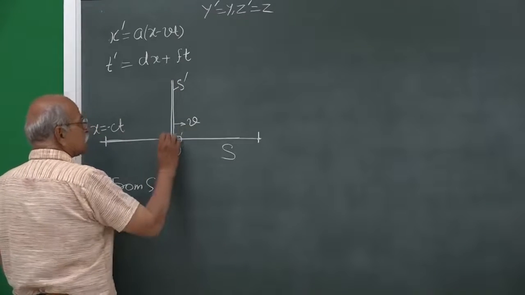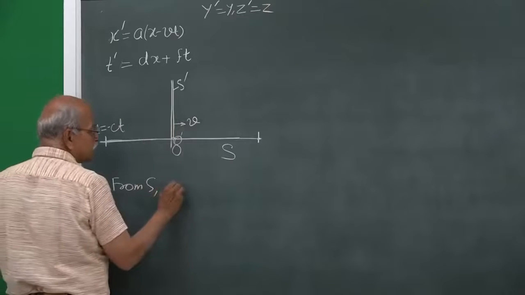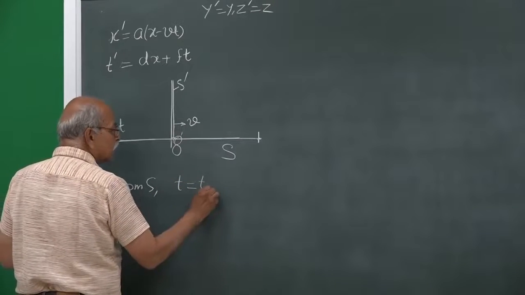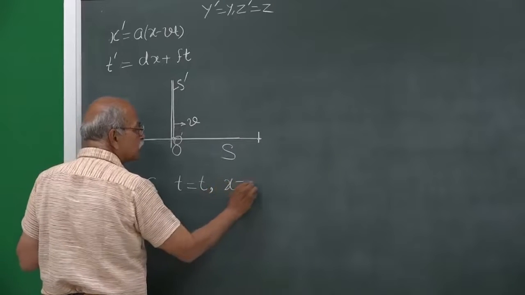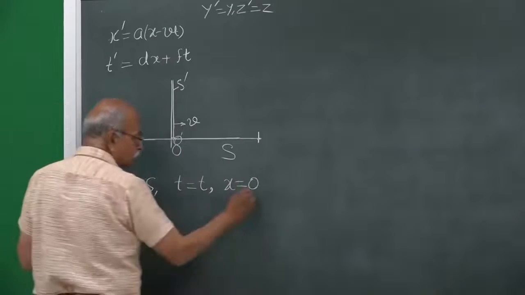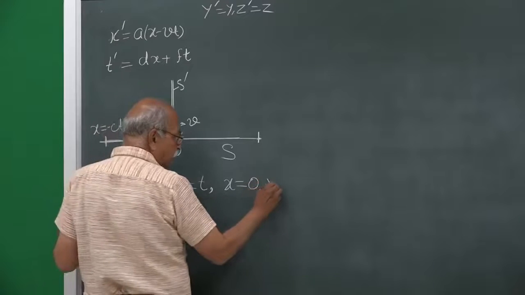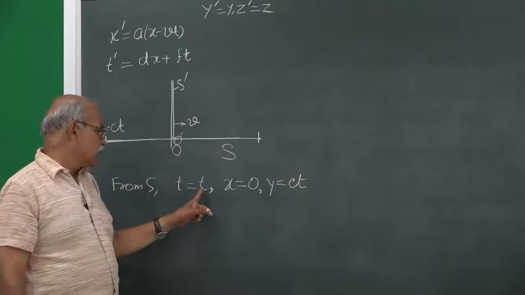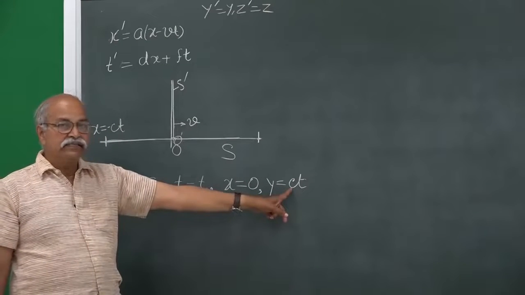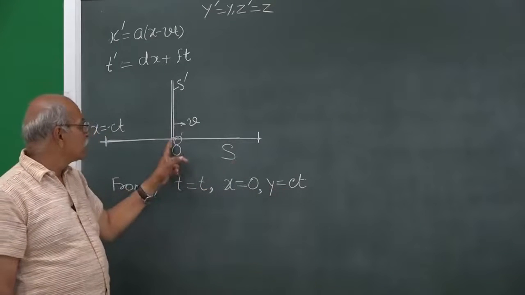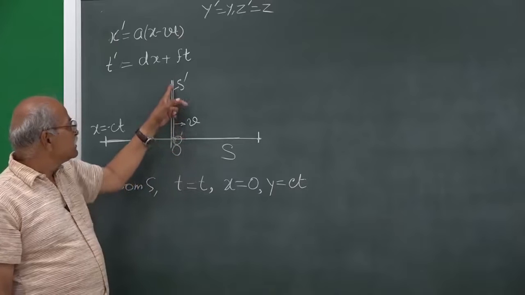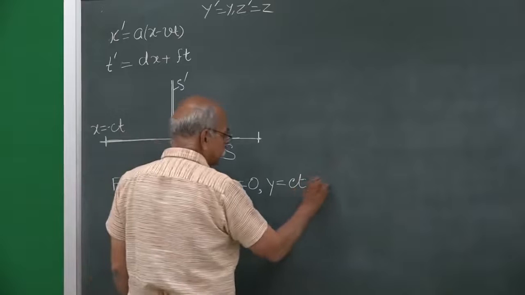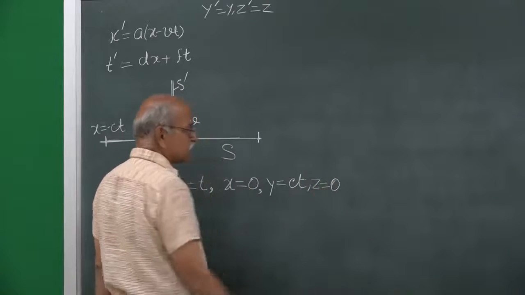So, radiation is going along y axis. So, time is t and the location is x is equal to 0, it is going along y axis. Then y is equal to ct. In t time the radiation will travel this distance ct. So, along y axis it is travelling a distance ct. So, the y coordinate is ct, z coordinate is 0. That is the event.